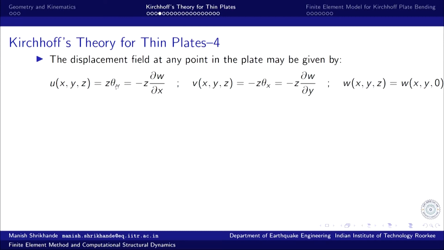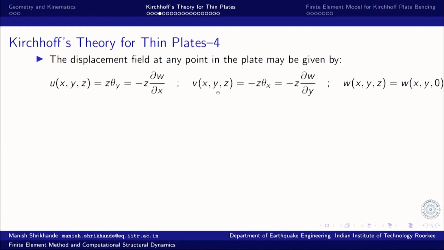This is similar to the Euler-Bernoulli beam, where the axial strain is proportional to the distance from the neutral axis, with compression above the neutral axis and tension below it in case of sagging moment, and a similar geometry is defined for the plate, except that it is now in 2 dimensions.